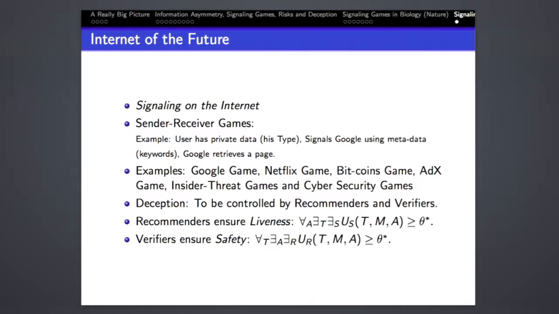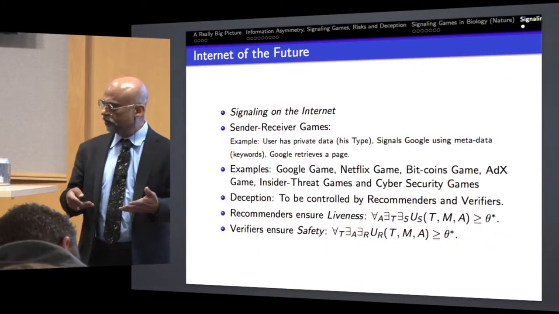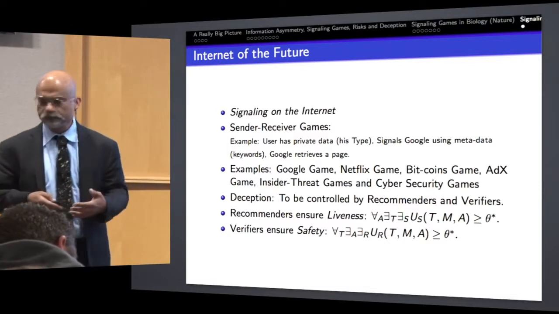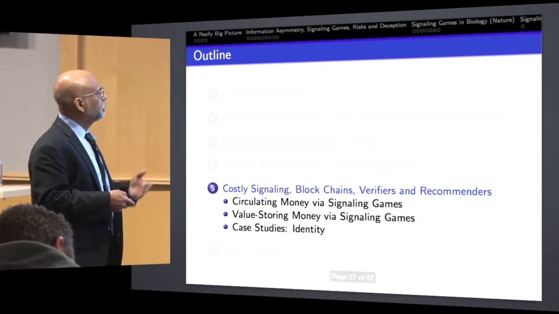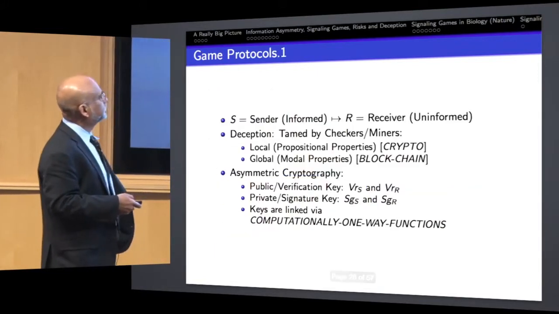Does it make sense? So how do we go about doing these games? And how do we get good structures? The idea is that we want to introduce recommenders and verifiers, just as your question pointed out, so that it's distributed and the games have good equilibrium. So I'm going to talk a little bit about how to do these signaling games.